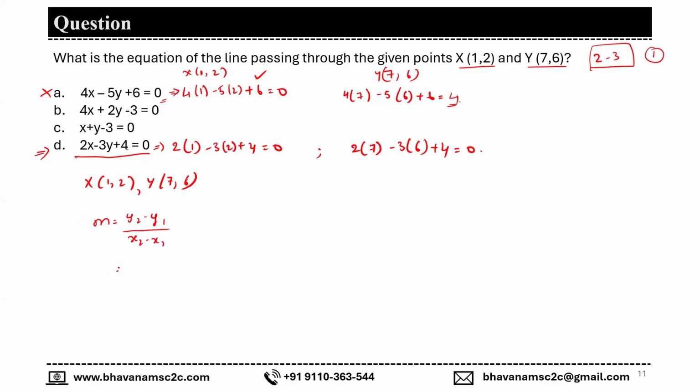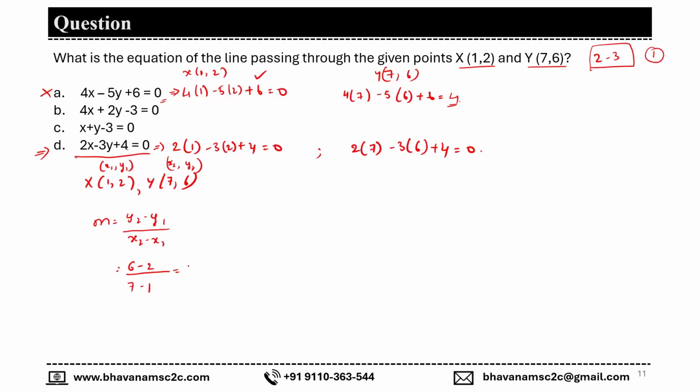So here y2 is 6 and your y1 is 2. The important thing here is if you're taking y2 from a point, then you have to take x2 from that same point. So your x2 is 7 and x1 is 1.